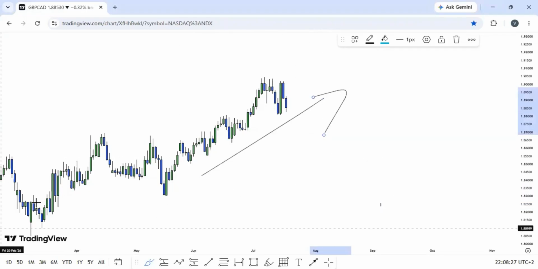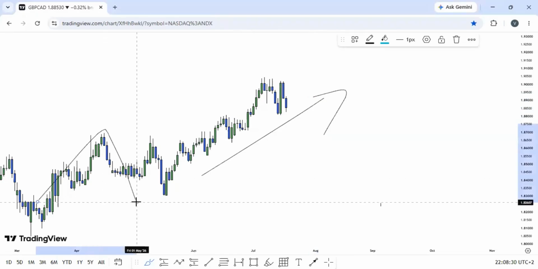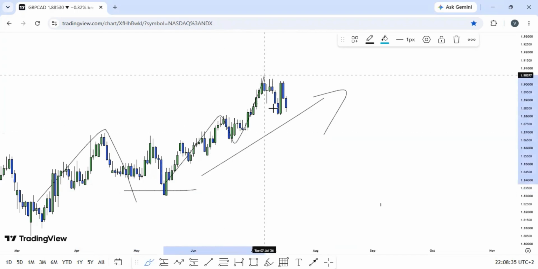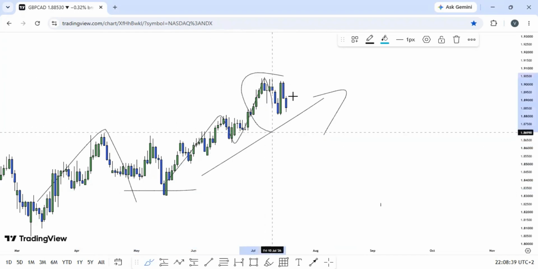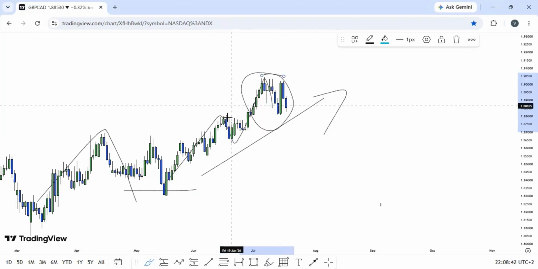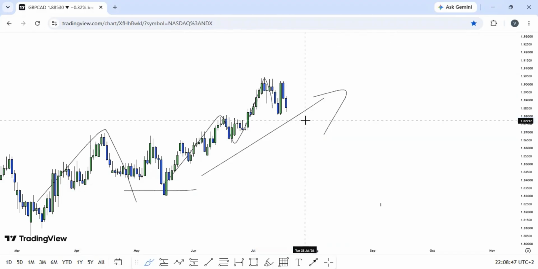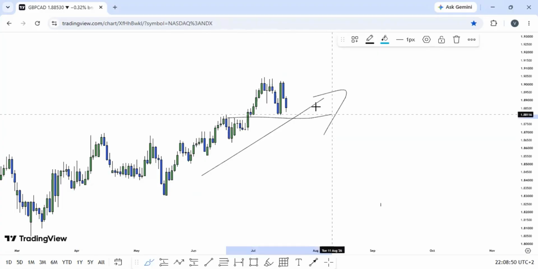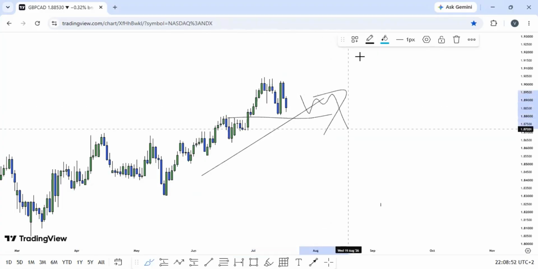As you can see, we have impulsive moves with corrections to the downside on the key level, then impulsive move, correction. So we're currently in the correction phase. We have this key level here, which we anticipate the market to come into, then continue going to the upside.